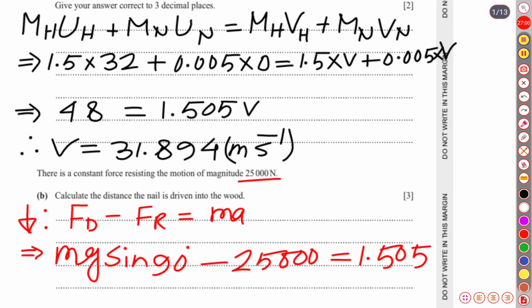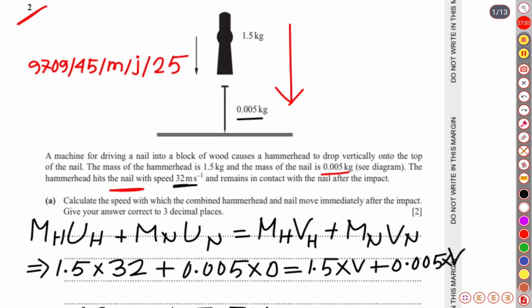Let me show you: 1.5 was the mass of the hammerhead and 0.005 is the mass of the nail. So it is together because they have remained in contact with each other.